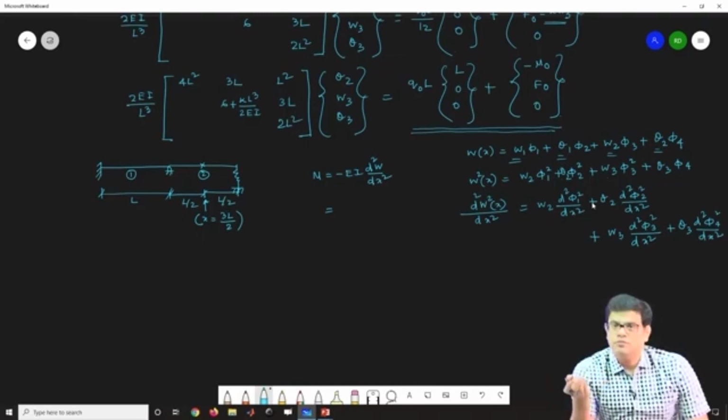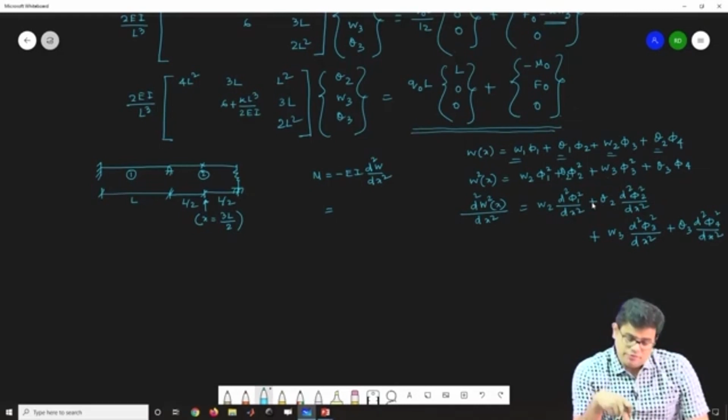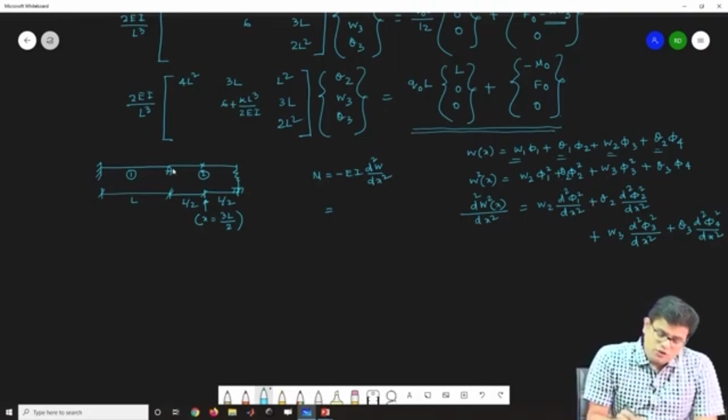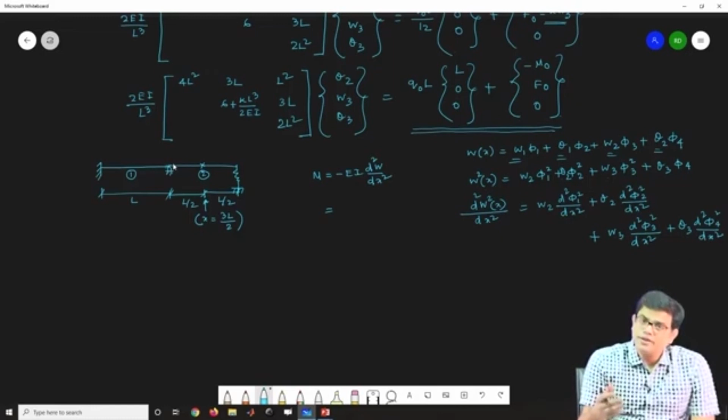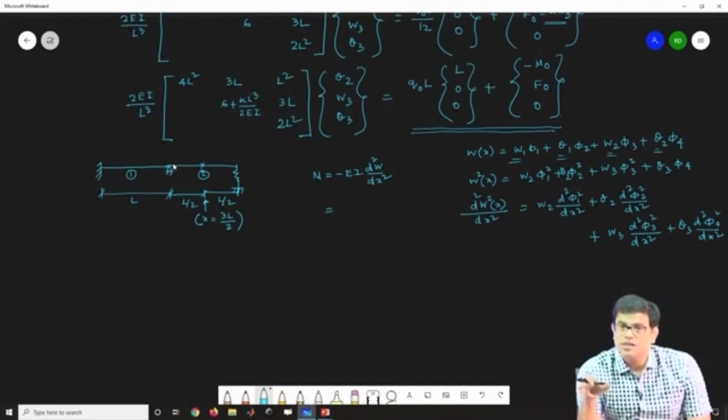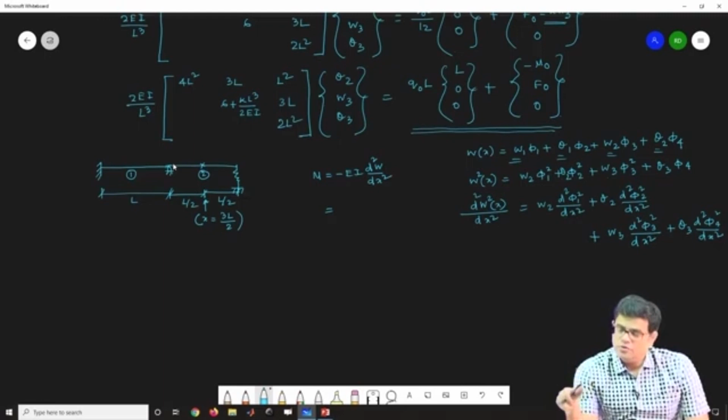If you do it in the global x, then the origin has to count from here, so you have to substitute x equals 3L by 2. Or if you want to do it in the local x bar coordinate system, you have to replace x bar equals L by 2.